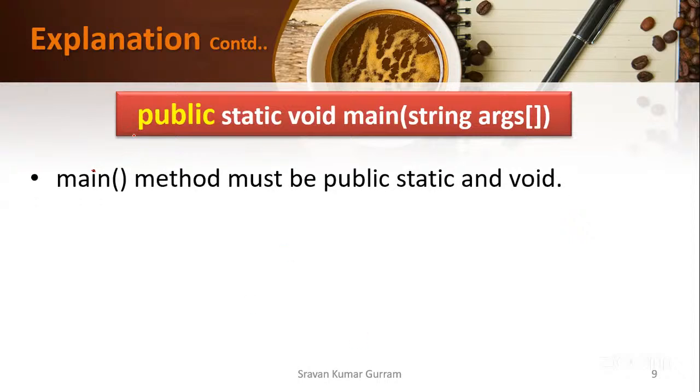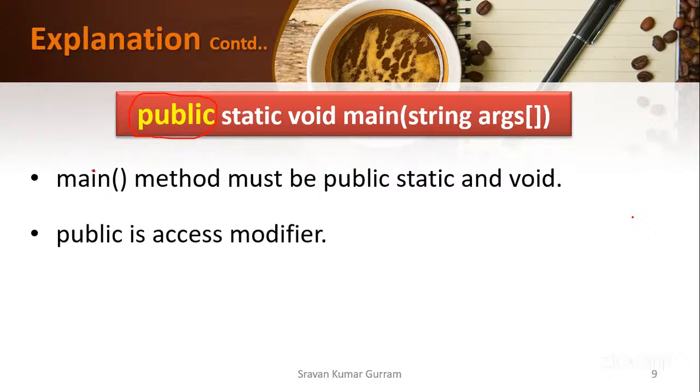And coming to the public, what is public? Why are we writing public? Public is one of the access specifiers in Java. The main method must be public, static, and void. There are reasons why the main method should be public. The JVM is trying to access this. JVM is outside of your code.